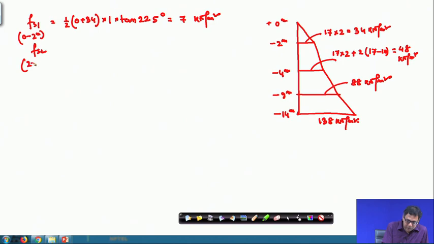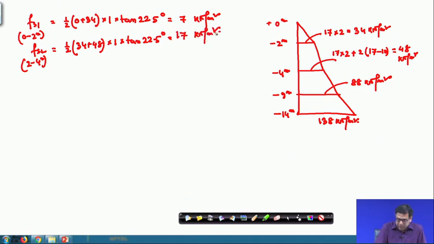Fs2 from 2 meter to 4 meter, this value is the average of 34 plus 48, then k value is 1 and tan 22.5 degree. So, that is equal to 17 kilonewton per meter square.